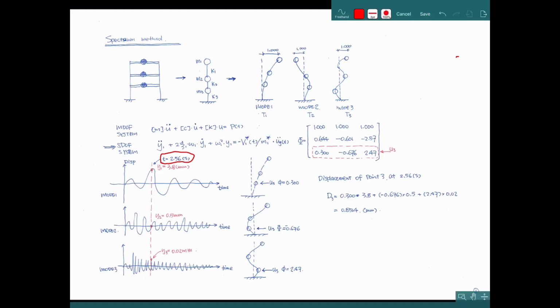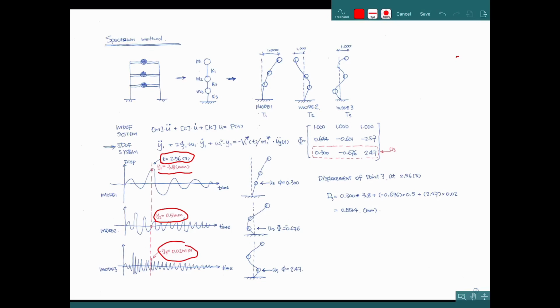We can capture two of the different mode time history results of the displacement. We know that in mode 1 the displacement y1 is 3.8 millimeter, y2 is 0.5 millimeter, and y3 is 0.02 millimeter. So this is the result for the exact moment at the 2.56 second.